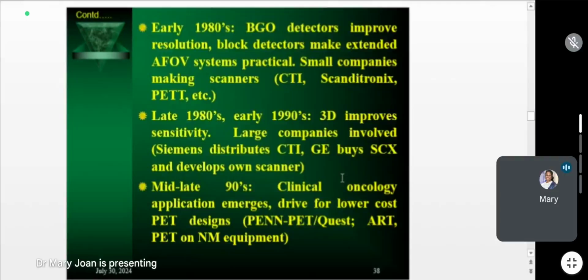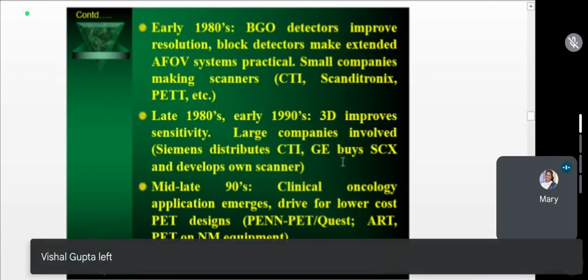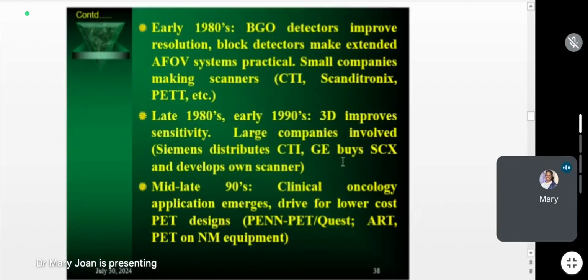Early 1980s, BGO detectors improve resolution, block detectors make extended AFOV systems practical, and small companies make scanners like CTI, Scanditronix, PETT, etc. In the late 1980s and early 1990s, 3D improves sensitivity, and large companies get involved like Siemens and GE.